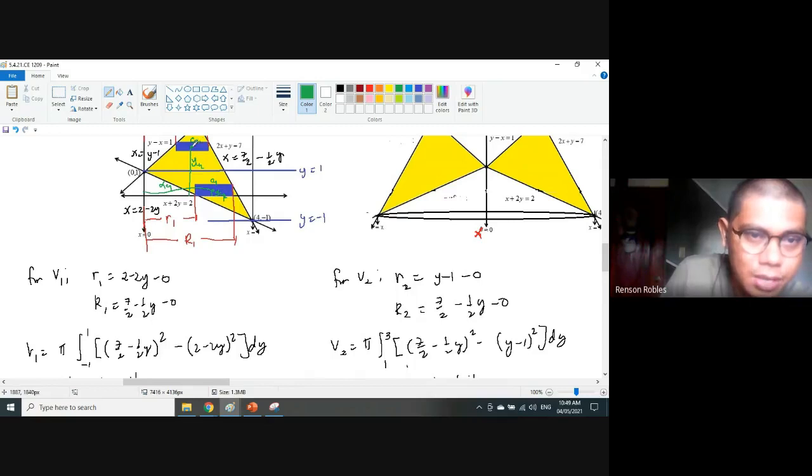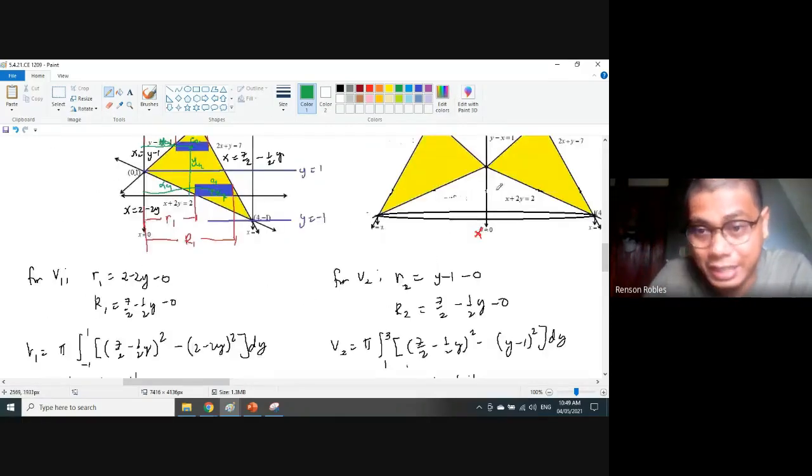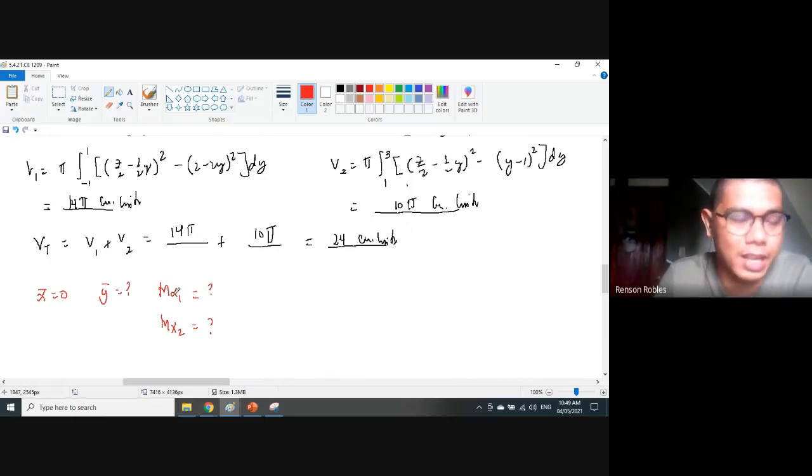This is YC2, and this is XC2. Then you know that the axis of revolution is the y-axis, so we say that bar x is equal to 0. We only need to look for bar y, and we only need to look for moment in x1, and moment in x2. Dalawa yon.